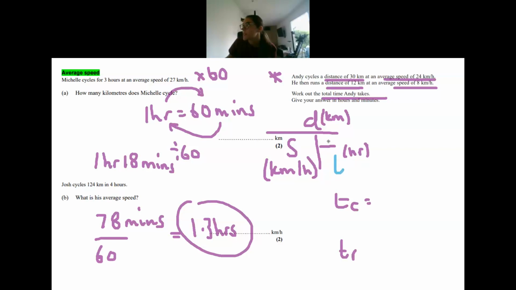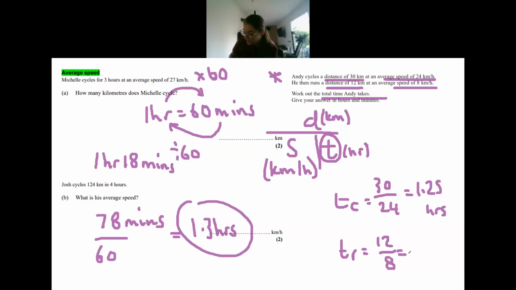Time, distance over speed. 30 kilometres over 24 kilometres an hour. 30 divided by 24, 1.25 hours. Time for the run, 12 divided by 8, 1.5 hours. Total time, add them together, 1.75 hours.